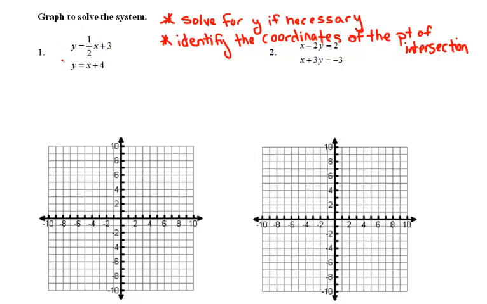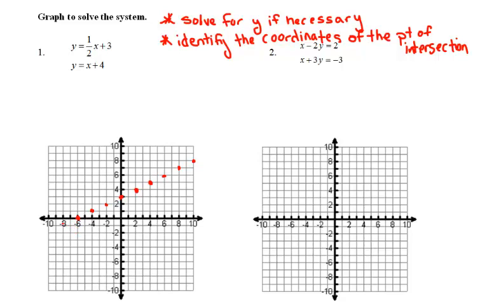So let's begin with our first equation. It's in slope-intercept form, so I'm going to start with my y-intercept of 3, up 3, and from there I'm going to count up 1 and to the right 2, up 1 and to the right 2, as many times as I can. And then I'm going to reverse the process, down 1 and to the left 2, so that I can be as accurate as possible in my graphing.